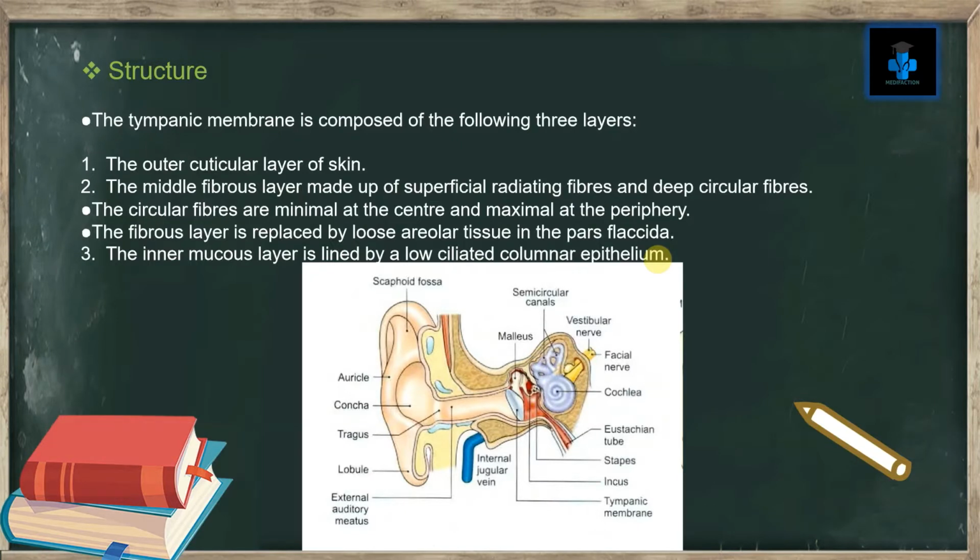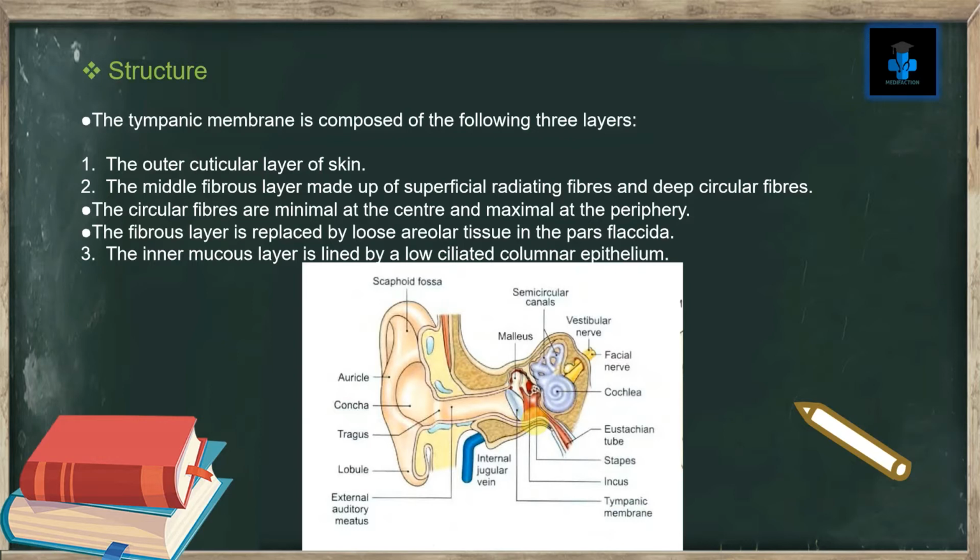Now let's learn about the structure of tympanic membrane. The tympanic membrane is composed of three layers. Number one is the outer cuticular layer of skin. Number two is the middle fibrous layer made up of superficial radiating fibers and the deep circular fibers.